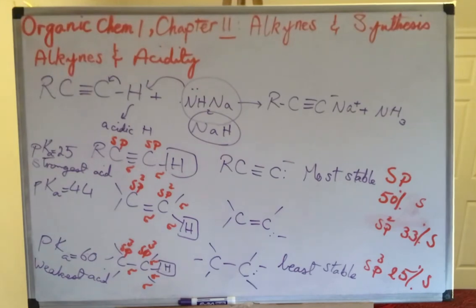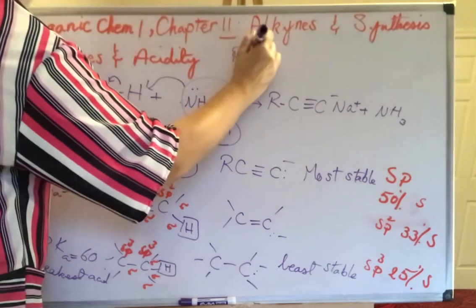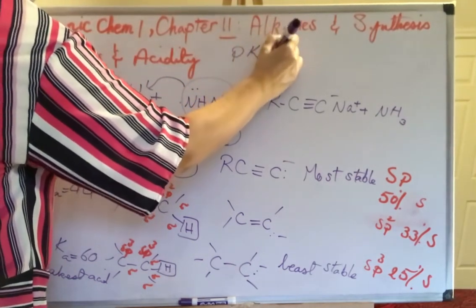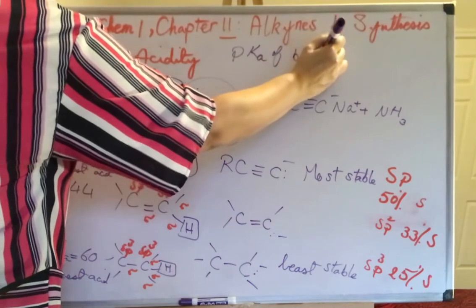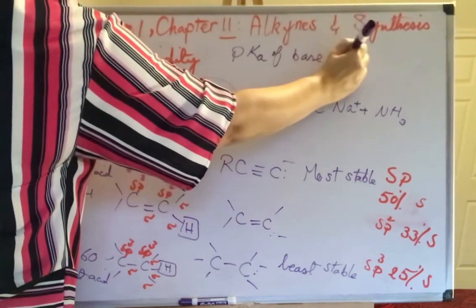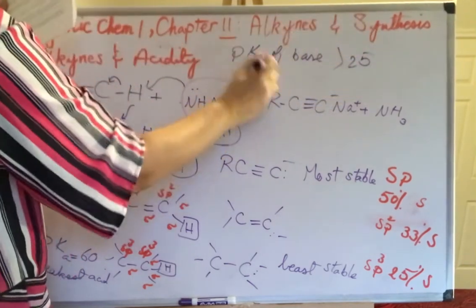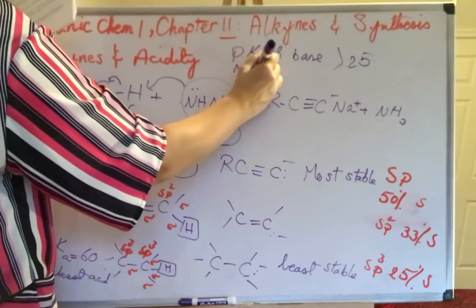Like here, NaNH2 is 35 pKa. So we just pay attention to the pKa for the base. The pKa of the base must be greater than 25.